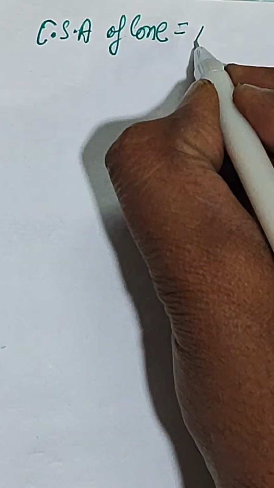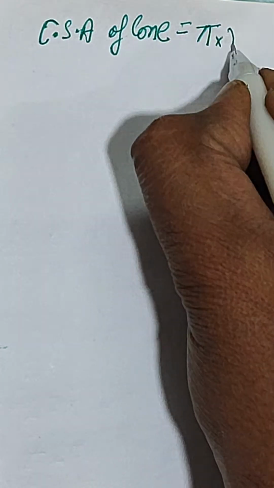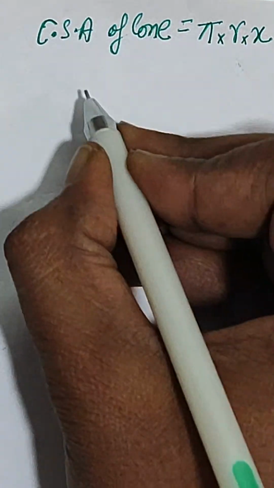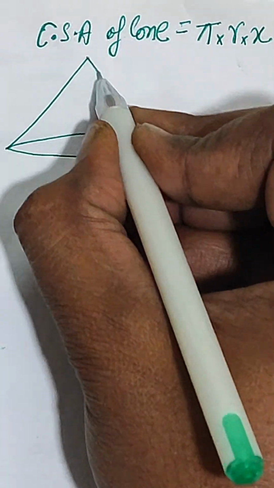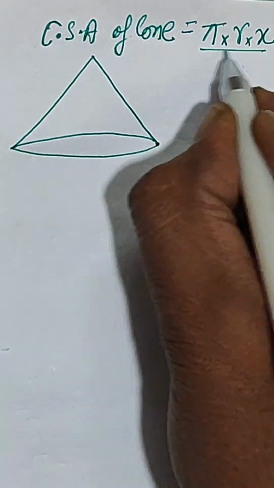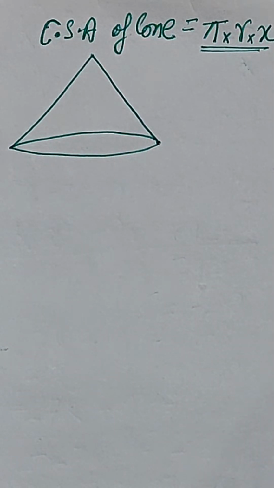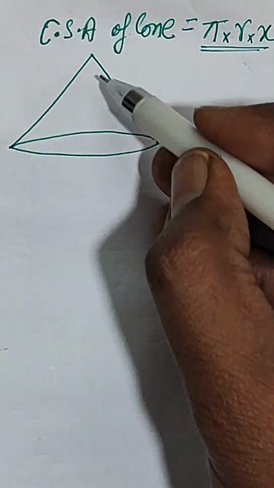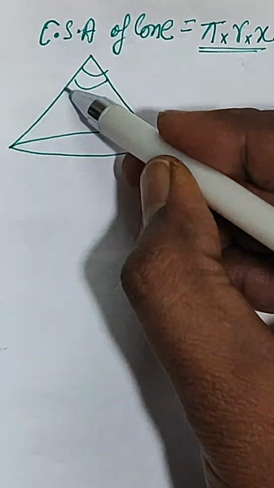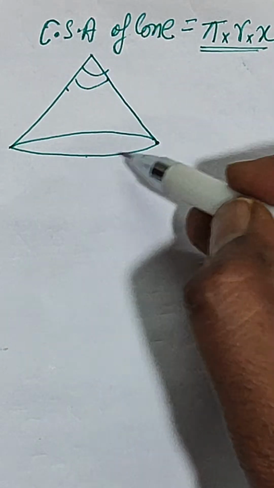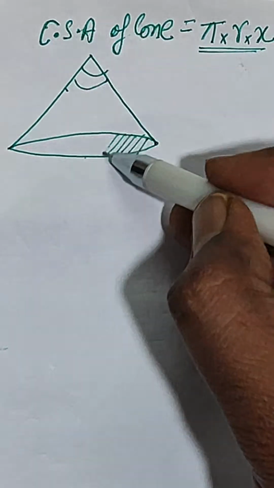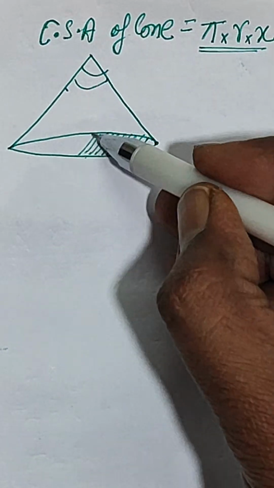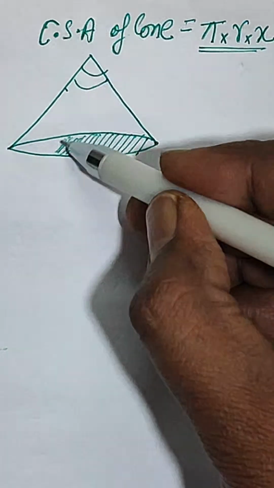pi r x. Pi into r into x, for this cone. Pi r x is the curved surface area, right? Curved surface area means that if the cone is placed over here, you will not be able to touch the base from outside, because it is kept on the ground.